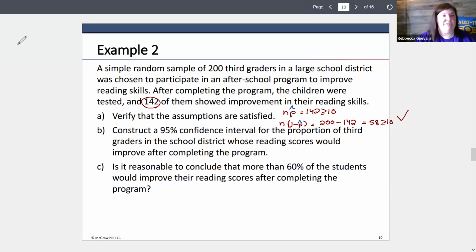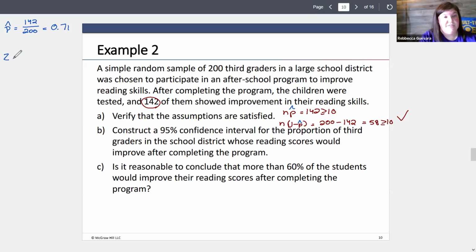All right, so if we want to figure out that confidence interval, we have a lot of the information already. So p hat is going to be 142 divided by 200, and that is going to be 0.71.